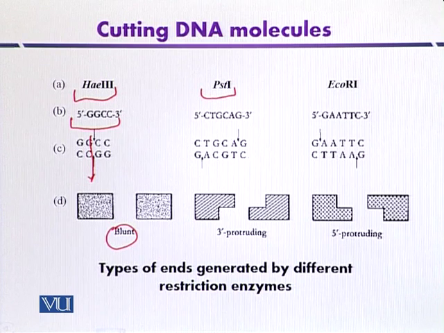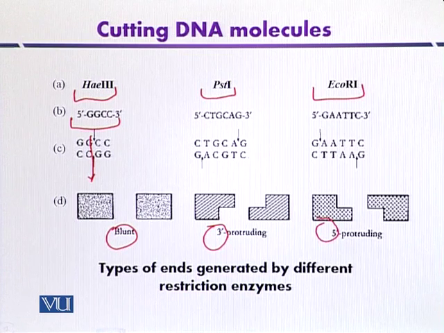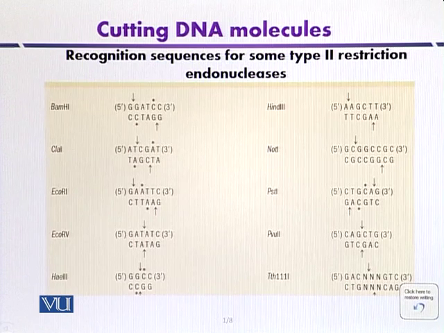This is another example of a restriction enzyme that can recognize a 6 nucleotide sequence, and when it is cutting, it produces a sticky end with 3' protruding overhangs. And then the one we have discussed, EcoR1, is also producing a sticky end, but the termini produced have 5' overhangs.